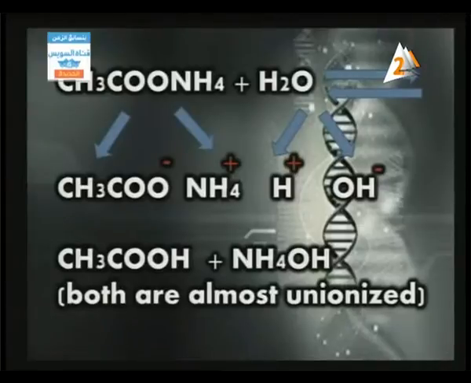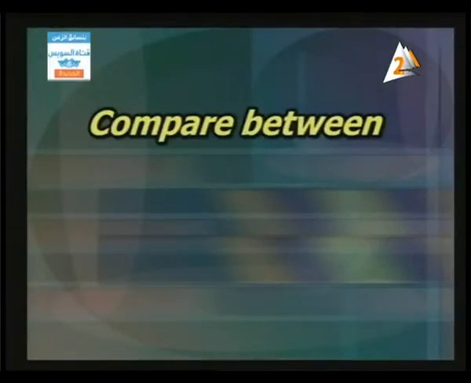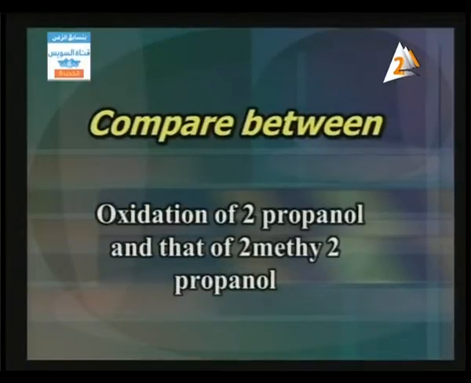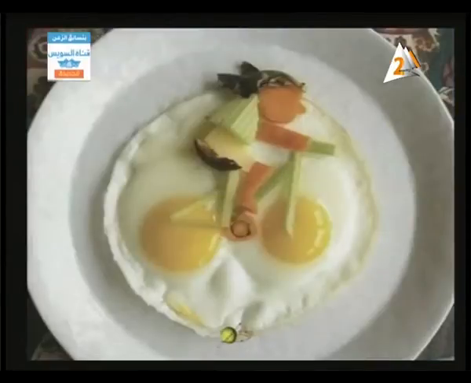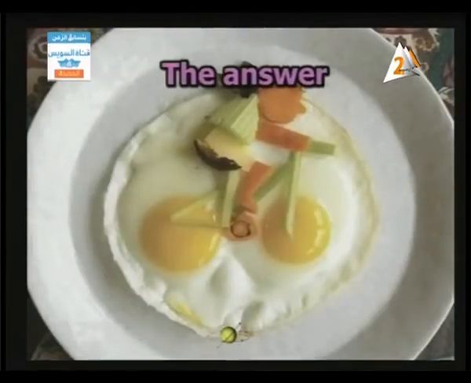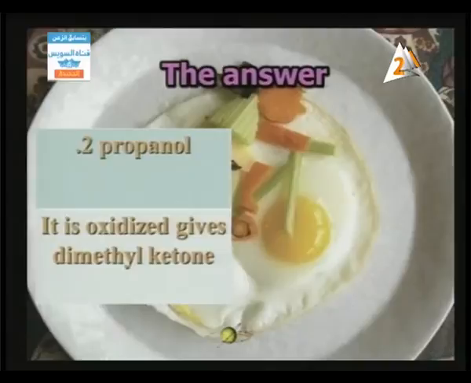We have another question. This question is about comparison, between the oxidation of 2-propanol and that of 2-methyl-2-propanol. Do you think both are similar? I don't think so. So here we have the table to make the comparison between these two compounds. Number one, we have 2-propanol.